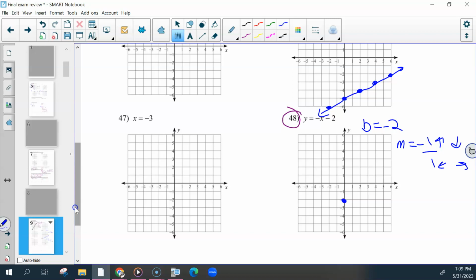So we can go up 1, left 1 as many times as possible. Putting a point every time we go up 1, left 1. And then from the y-intercept, do the same thing. Go down 1, right 1.